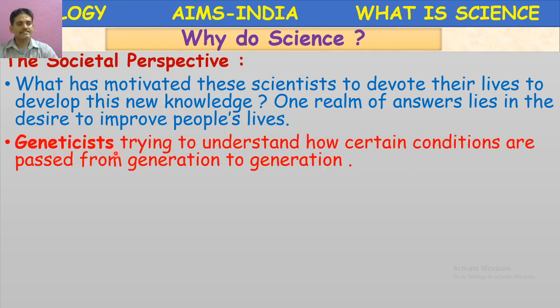For example, geneticists trying to understand how certain conditions are passed from generation to generation, meaning in the field of genetics. The scientist who works in the field of genetics is called a geneticist.